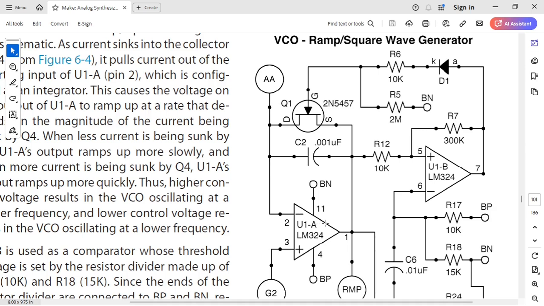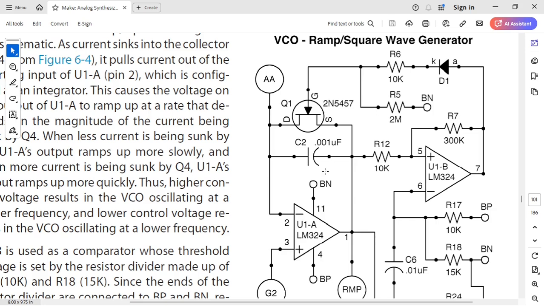And as you know, when you have a feedback loop, the output of the op-amp is such that it's going to keep the current in the feedback loop equal to the current that's coming in here. The current in the feedback loop is going to be the same as the current coming from AA. So that's the job of the integrator.